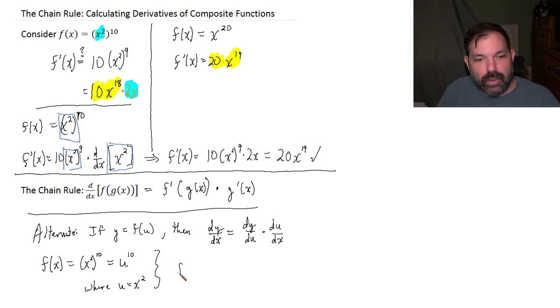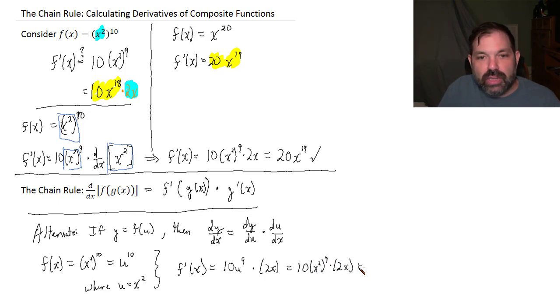So then the derivative, f prime of x, would be 10u to the 9th, the derivative with respect to u, times 2x, the derivative of u with respect to x. Now, u is again x squared. So that's 10 times x squared to the 9th times 2x, which is the same result, 20x to the 19th.